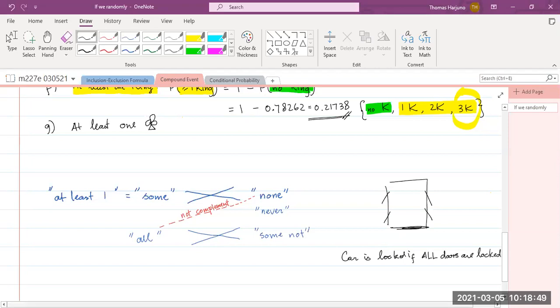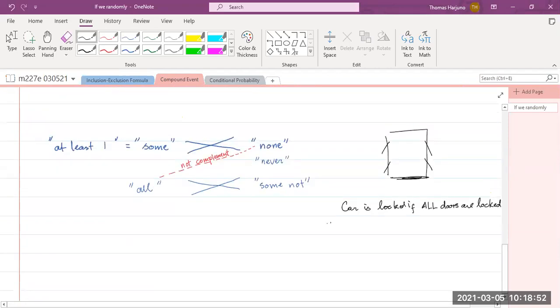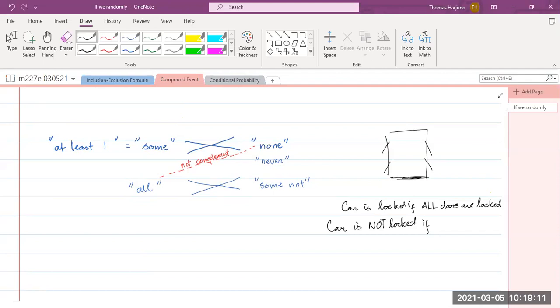Okay. Now then, what is the complement of locked? Not locked. The car is not locked if, should we say, all doors are not locked? Actually, no, you don't need all doors to be unlocked. You just need one of them not locked. If some doors are not locked.